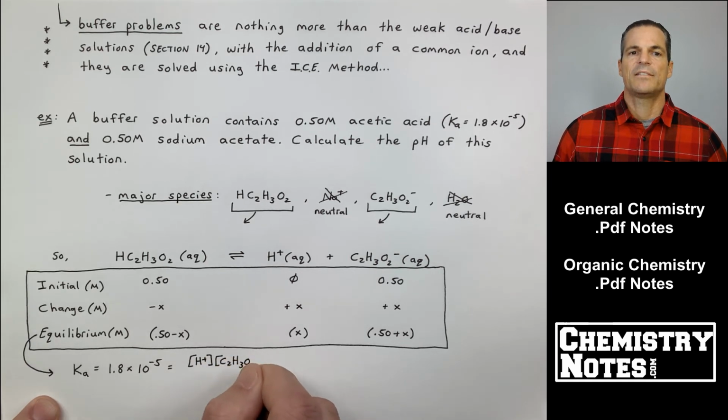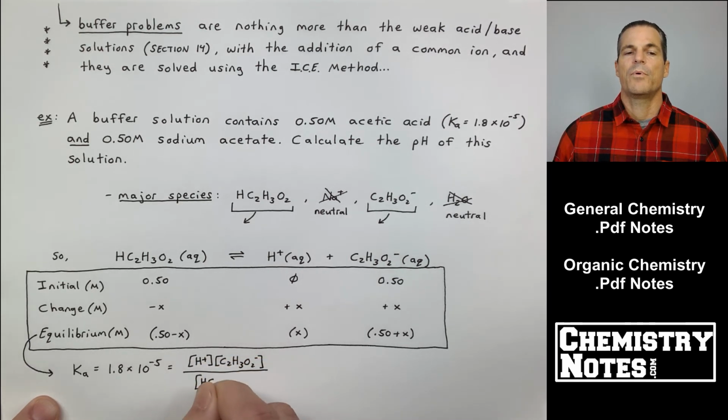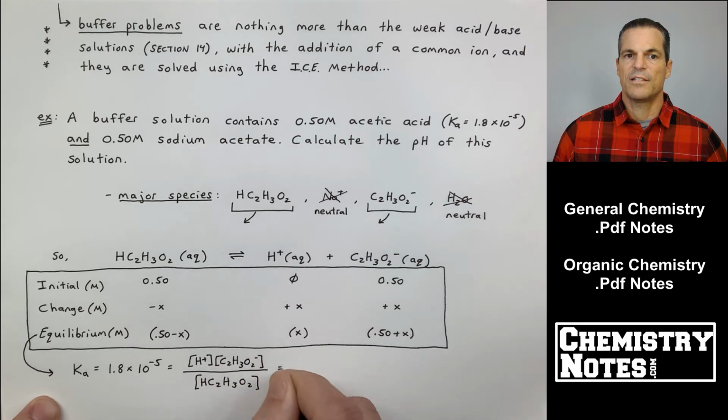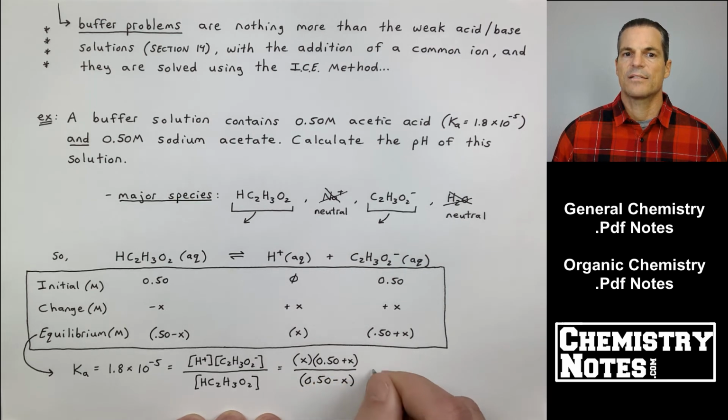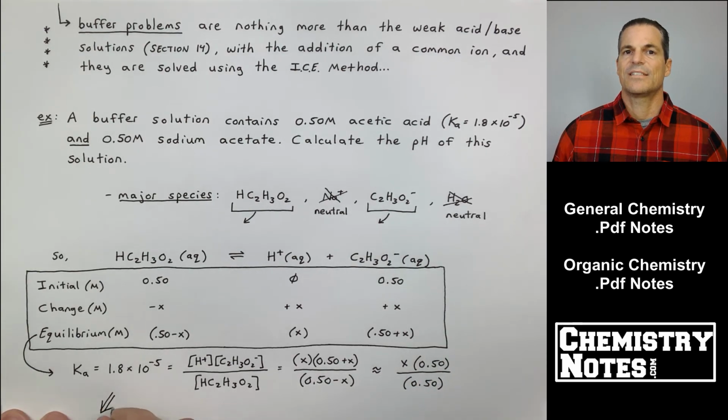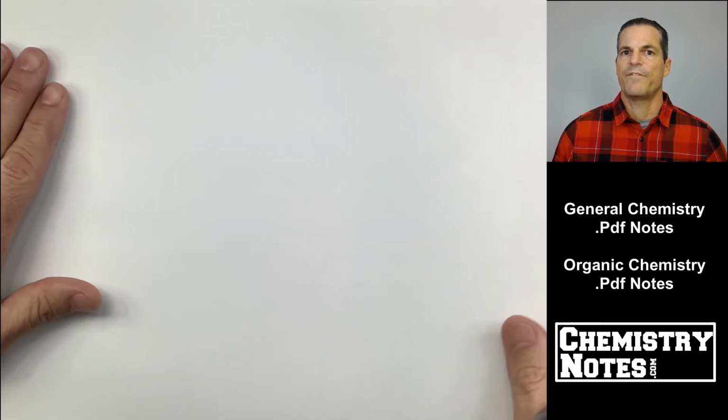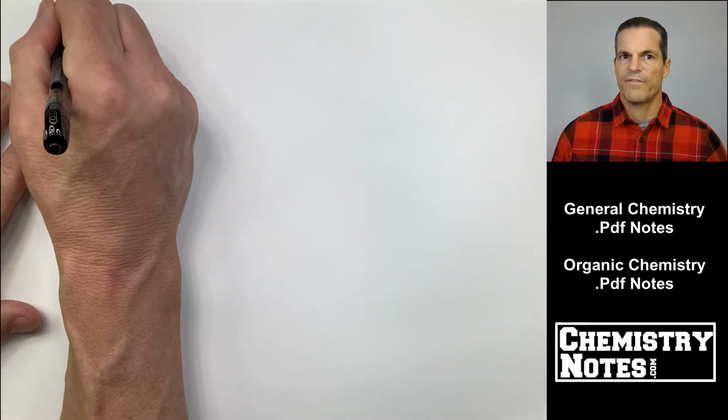You apply your minus x's and your plus x's, and you come up with 1.8 times 10 to the minus 5th down there on the bottom, below the box, equals products over reactants equals x times 0.50 plus x, all over 0.50 minus x. This cleans up to be x times 0.5, all divided by 0.5.